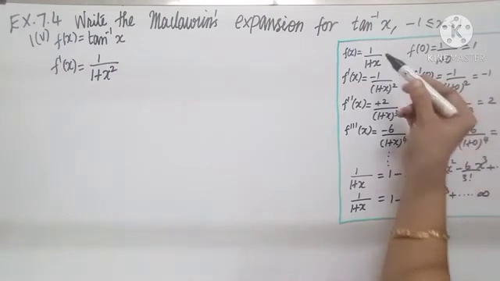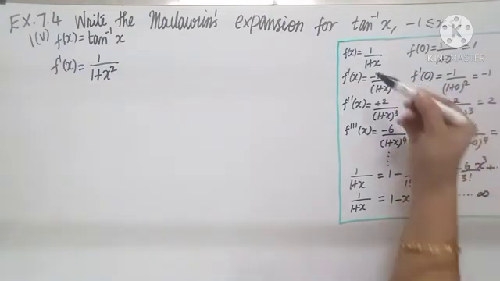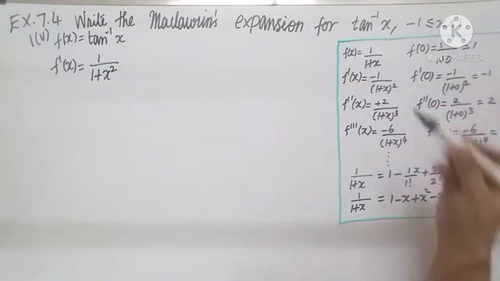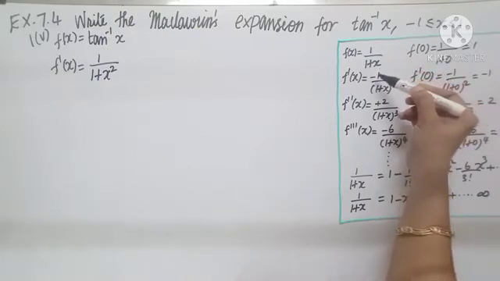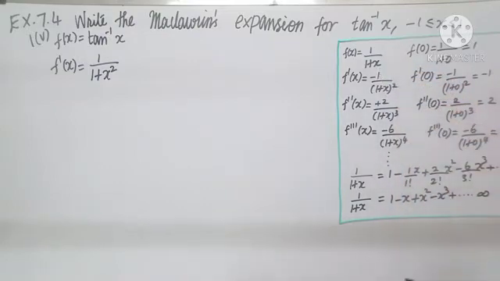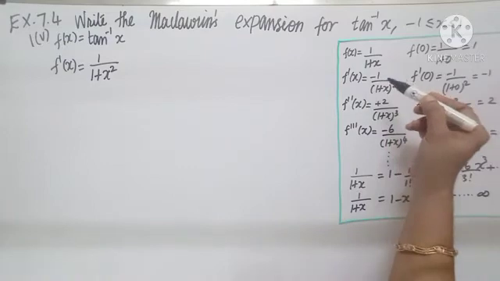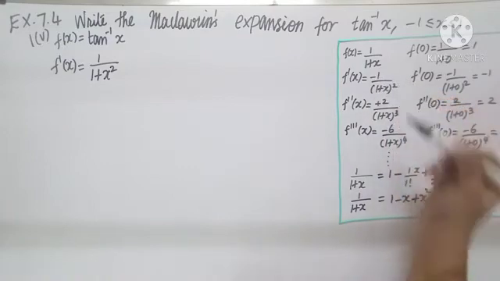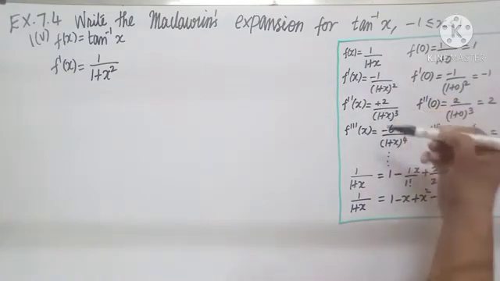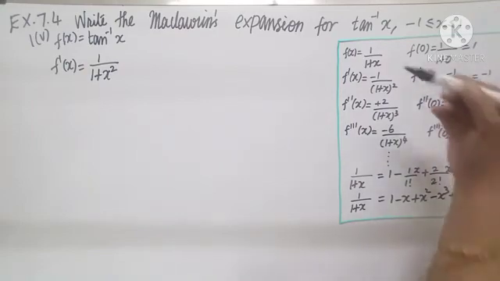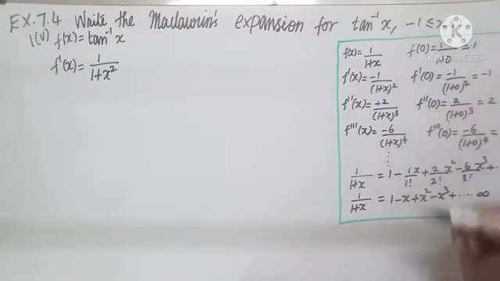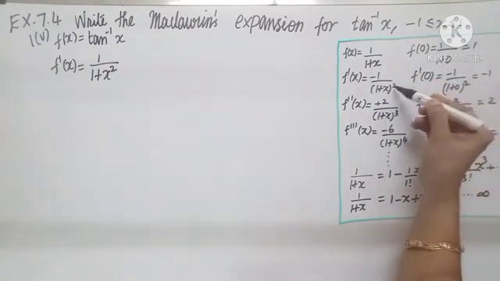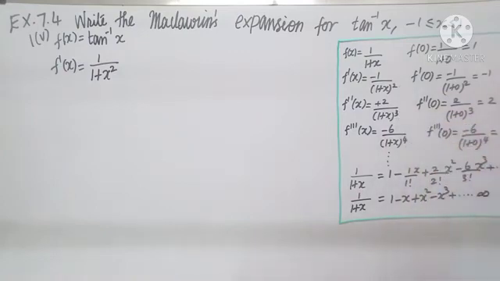When it is 1 by 1 plus x, what is the next derivative? 1 by x will become minus 1 by x square. Here it is 1 plus x. Minus 1 by 1 plus x the whole square. How to go on to next derivatives? Alternatively positive, negative. Increase the powers in the denominator.